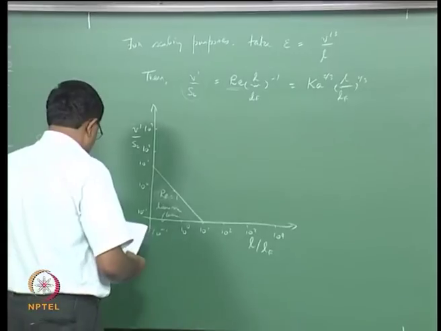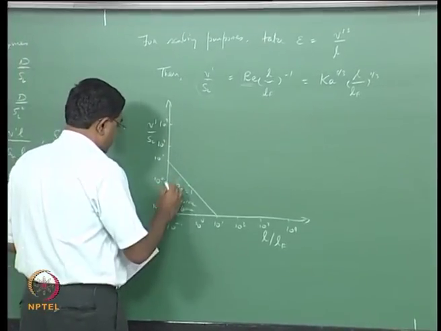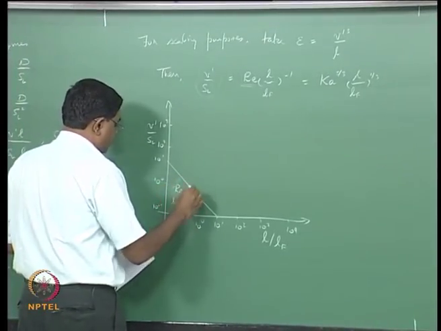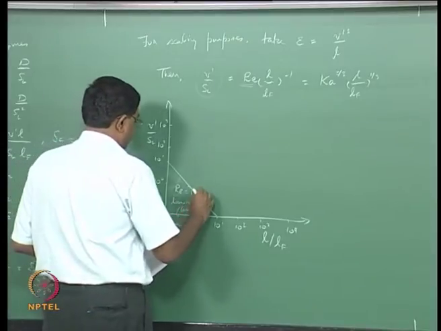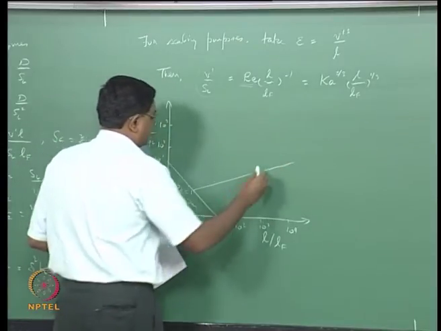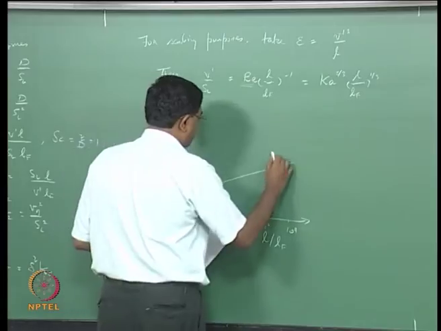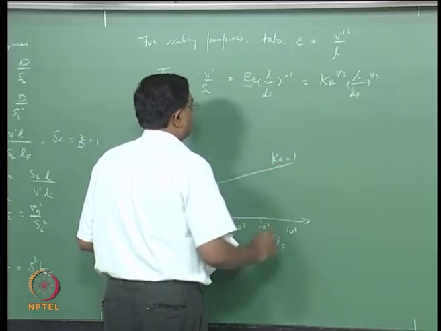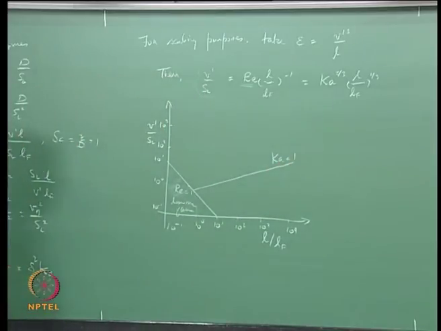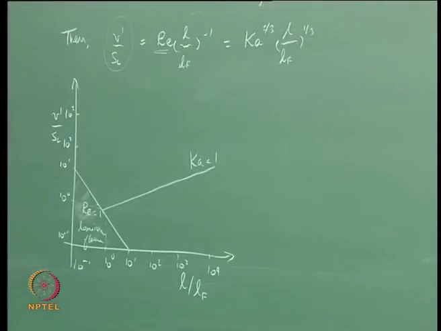So we start at this point corresponding to 1 over here, and draw a line for Ka equal to 1. We now start from this point.